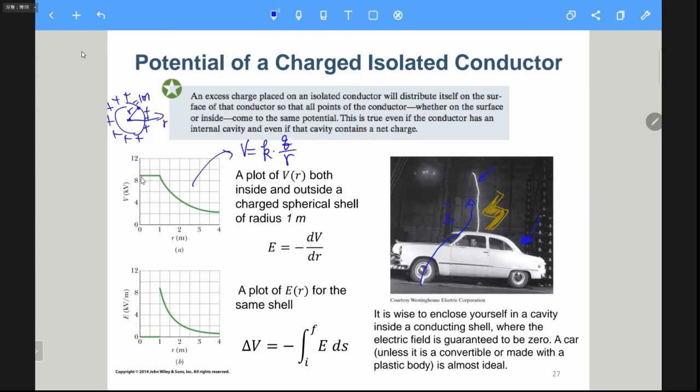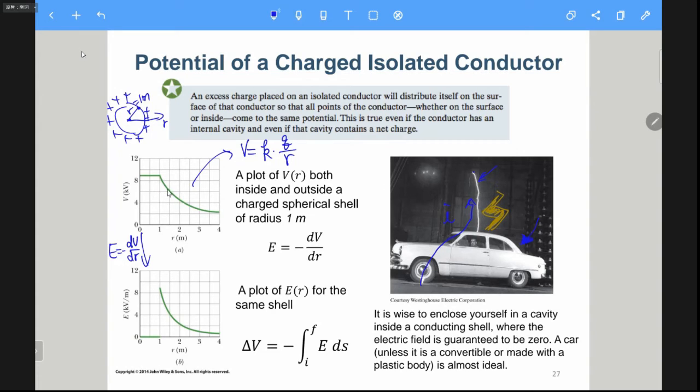So if you want to get the electric field from this, you need to take the derivative of it. Taking the derivative of this constant will be zero, so we have a zero E here.